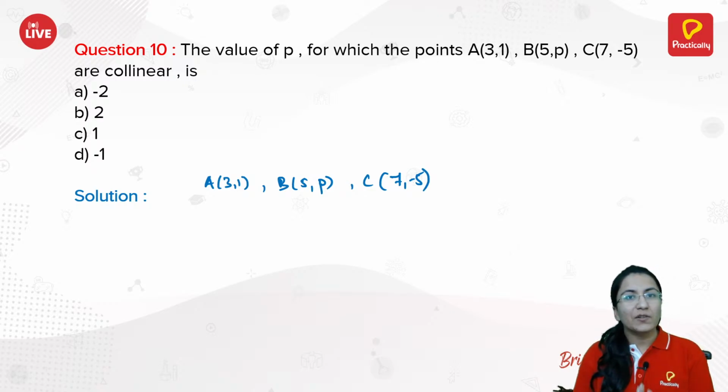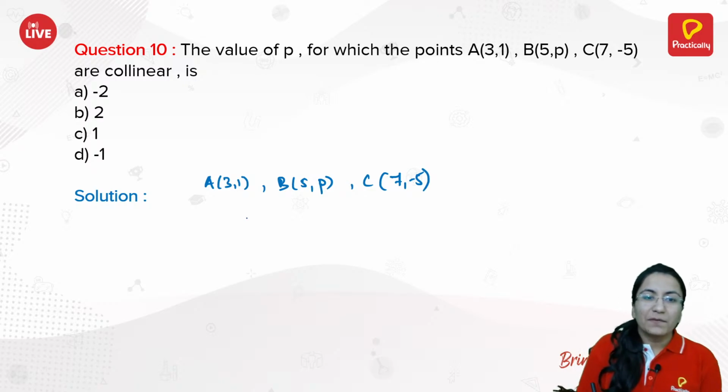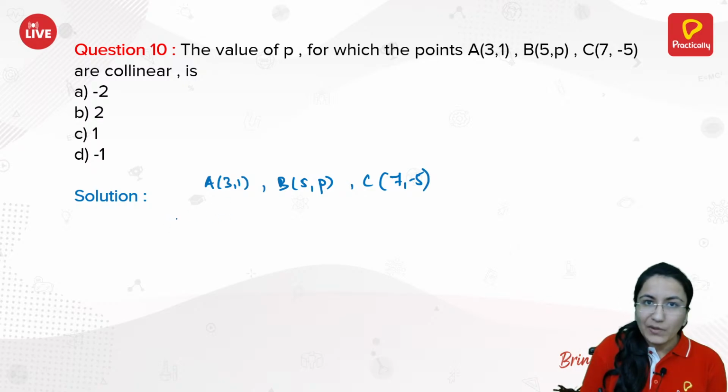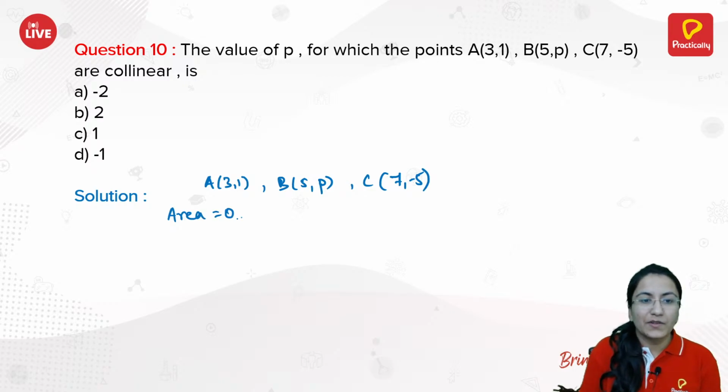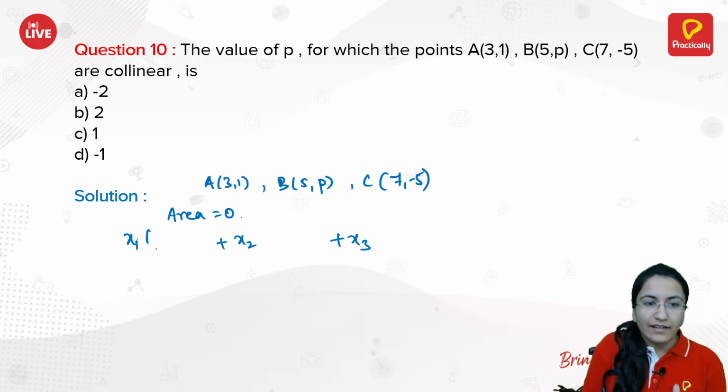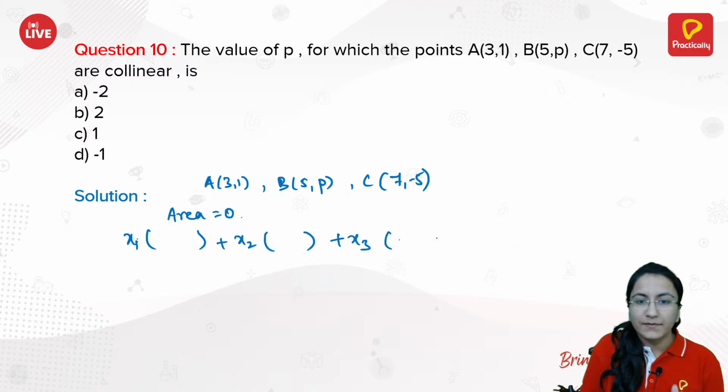So we directly know the formula to calculate area with given 3 coordinates. So definitely we can solve with that formula. So we have area as 0. So just input the values.